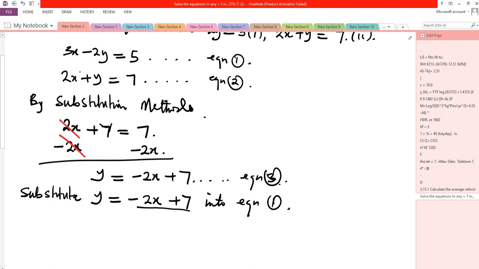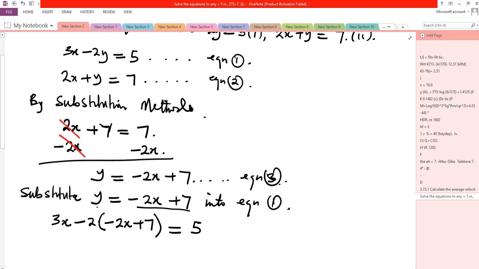So in equation 1, wherever we see y, we replace it with this expression. Now equation 1 is 3x minus 2y, and the y now is equal to this. We'll now replace the y with minus 2x plus 7, equal to 5.